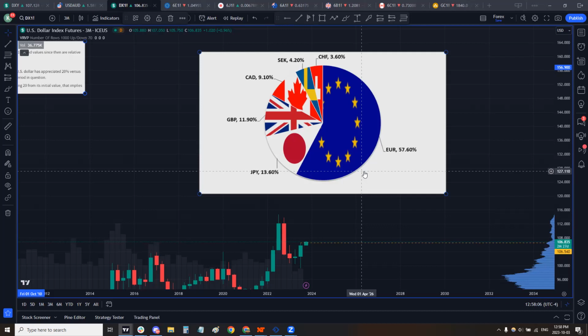Seeing that 13% makes sense when you realize the 10-year and 2-year yields move similarly with USD/JPY. And they're a big purchaser of US bonds. I think it's China and Japan. Japan might be the largest; China used to be. But they're huge, they buy a lot of bonds.